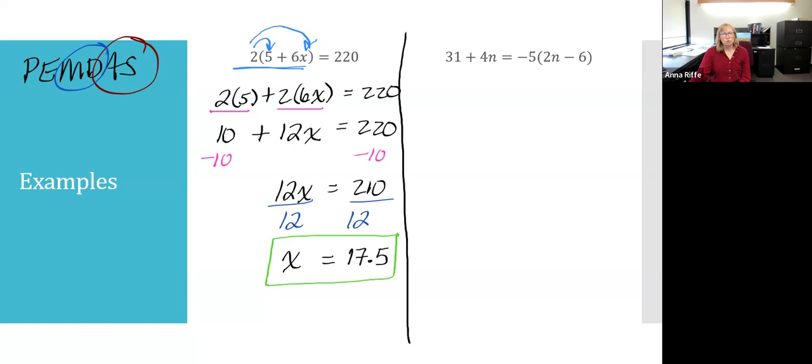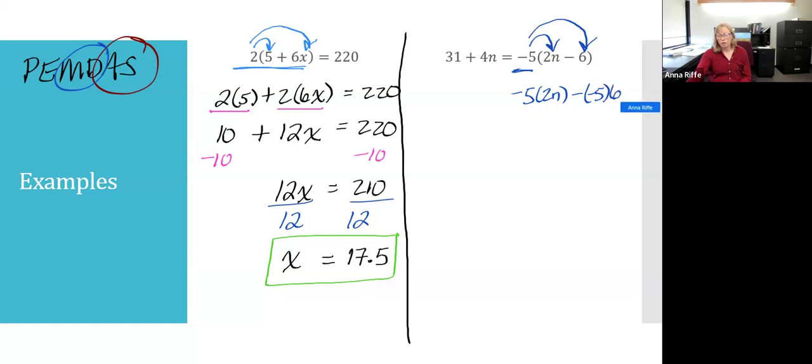I am going to focus on the parentheses first. Okay. So the one on the right, it looks like I have a -5 and it's being multiplied by a sum, 2n minus 6. So I'm going to start by distributing that -5 over the parentheses. So on the right-hand side, I have -5 times 2n minus -5 times 6.